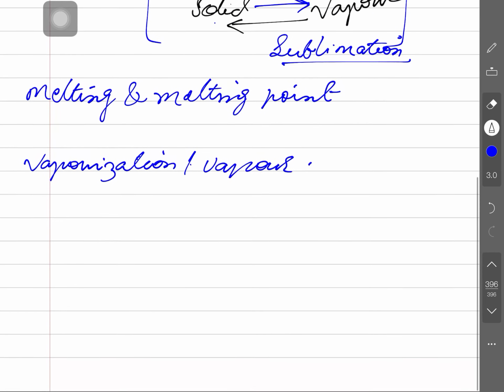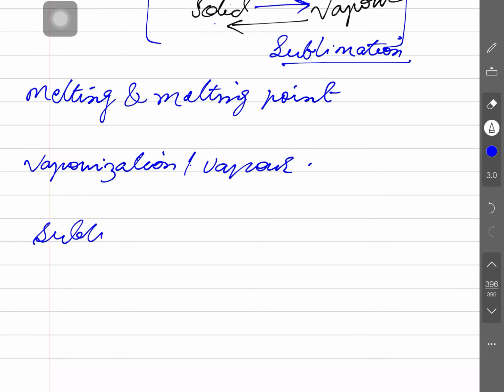Right. Now, next is the process of sublimation.